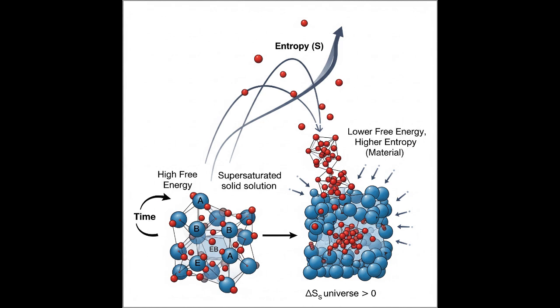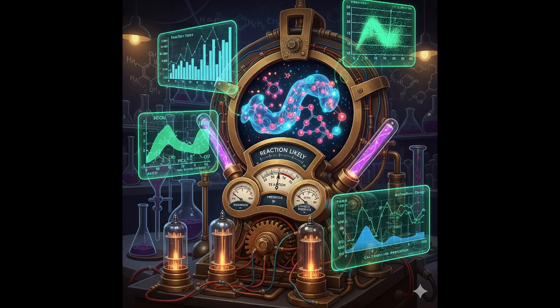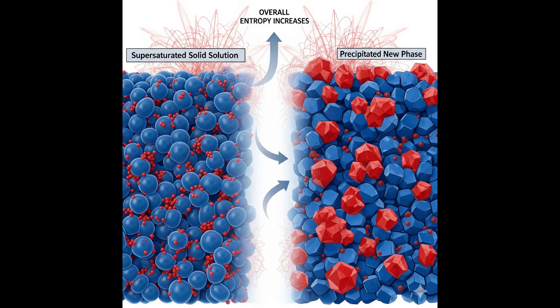This is a powerful tool for predicting whether a certain chemical reaction will proceed or if a phase transformation will naturally occur under given conditions. For instance, why does a supersaturated solid solution precipitate a new phase? Because the overall entropy of the system and surroundings increases.